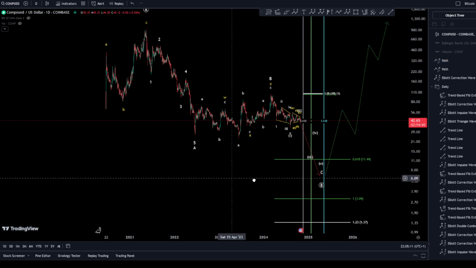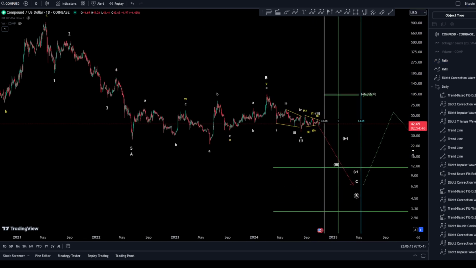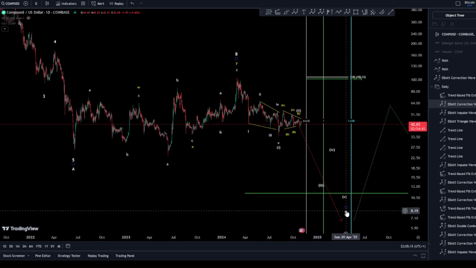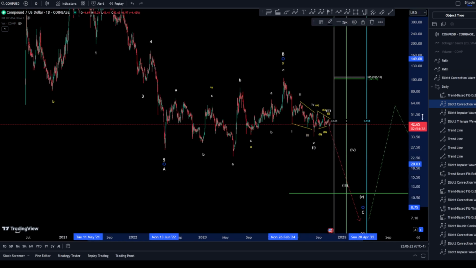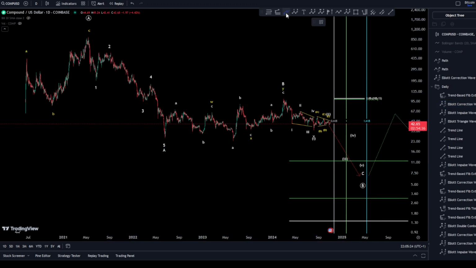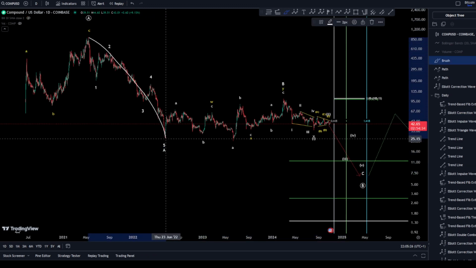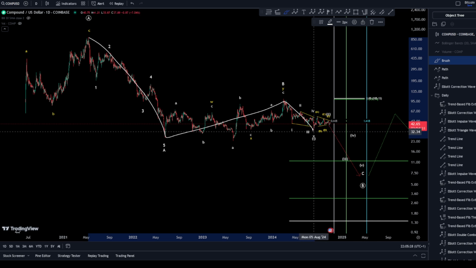I mean, there is one more possibility, okay, that this wave C might have ended with this diagonal. Sometimes it can happen as WXY, and it might happen that your wave C has finished very short.